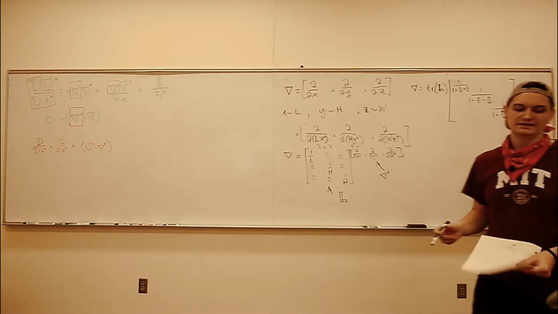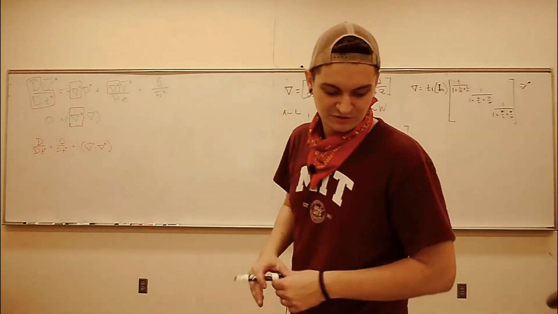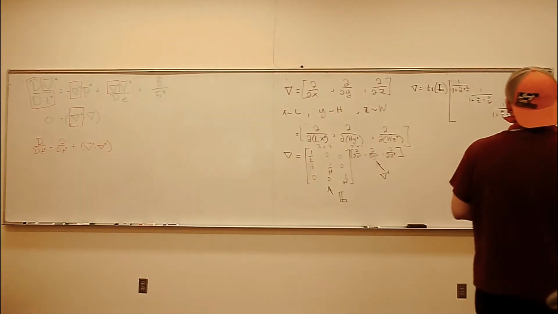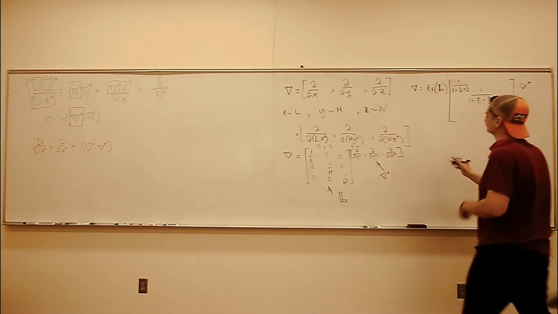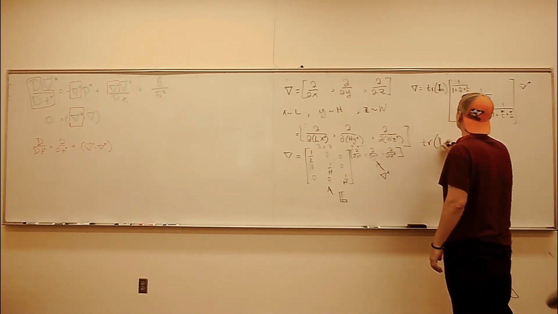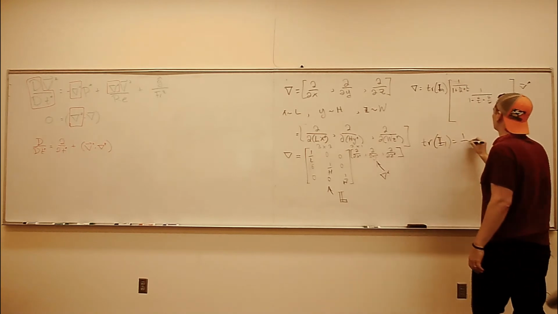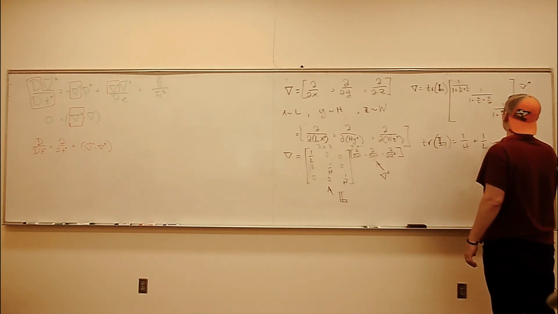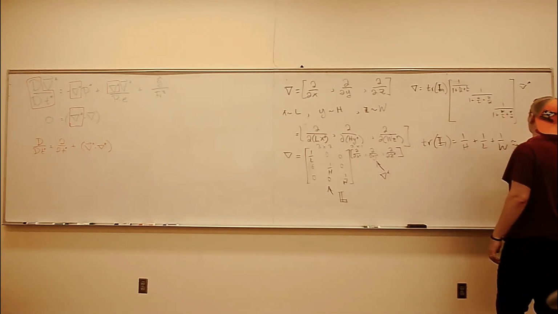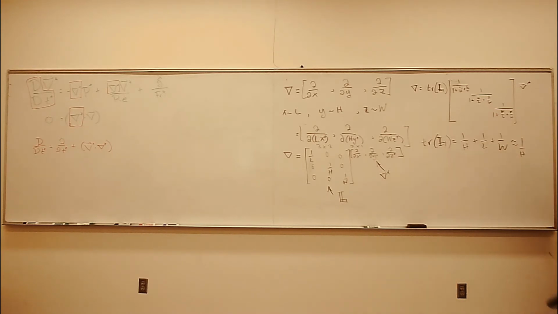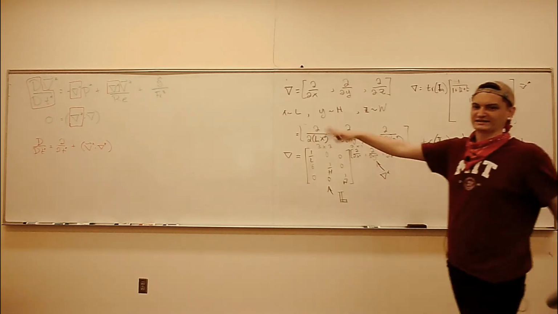This is sort of nice, because it allows you to select out and pick out terms, because this thing is going to be a 1 over h, just because of how we defined the scale of the problem originally.